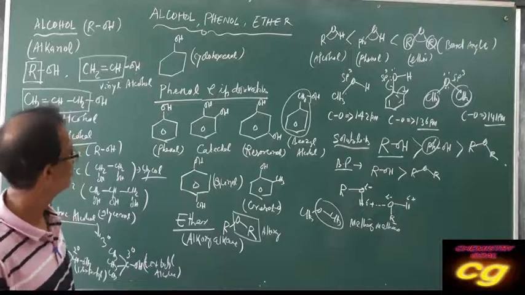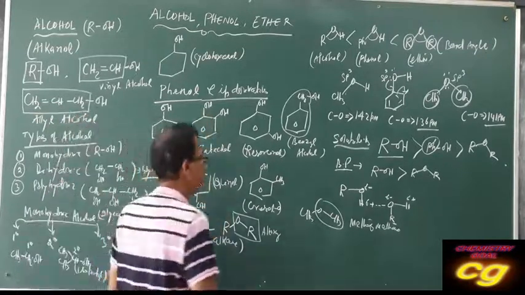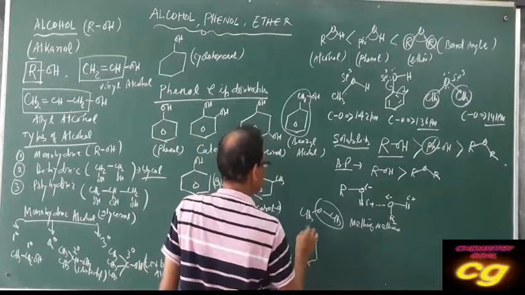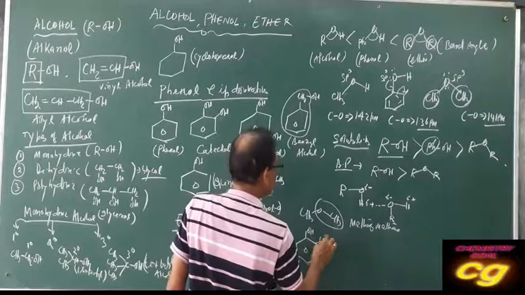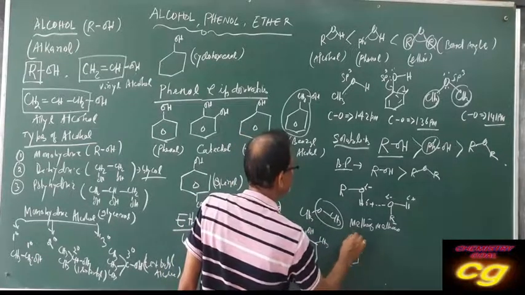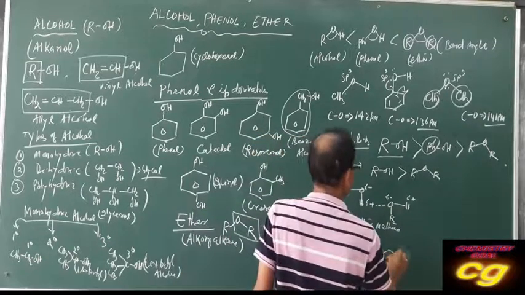And for phenol, all derivatives of phenol can be derived like this: ortho derivative of phenol, methyl derivative, nitro derivative, acid derivatives, so many.